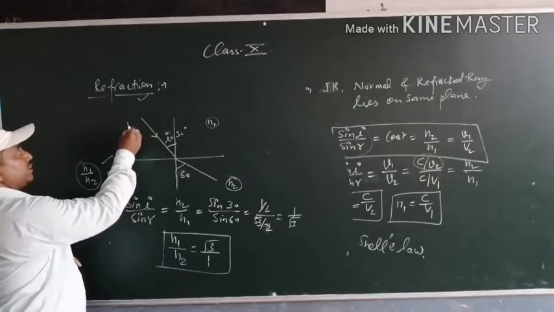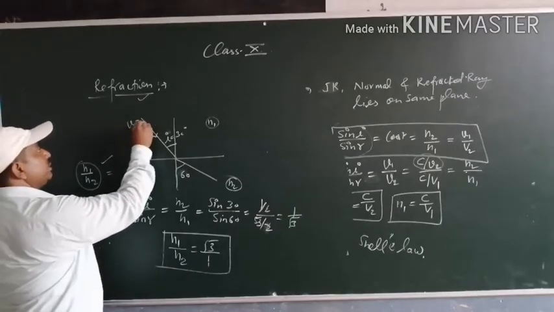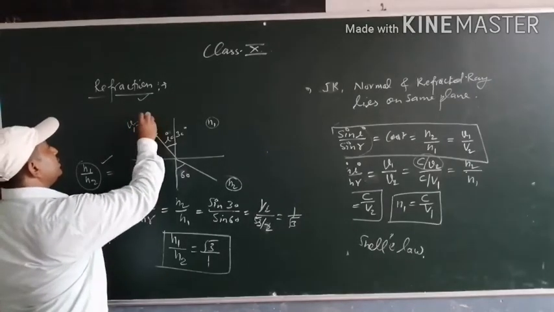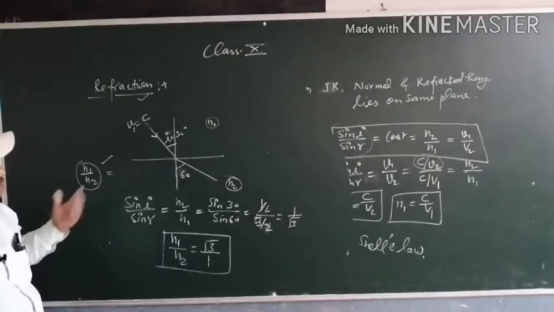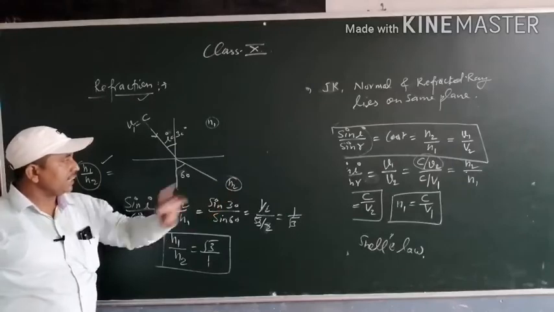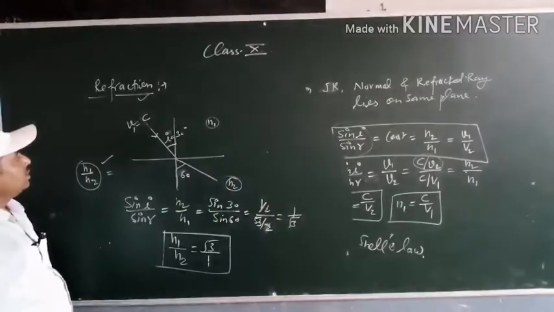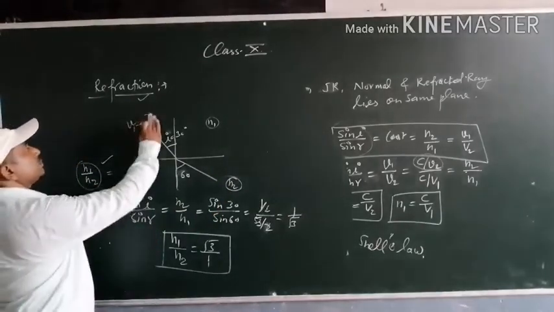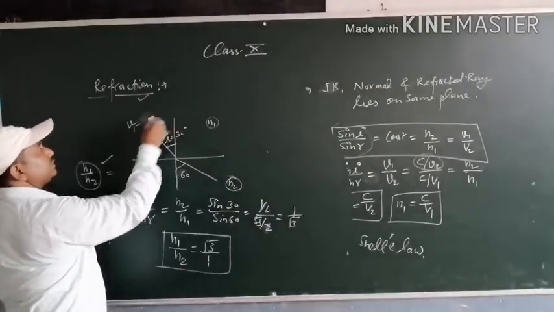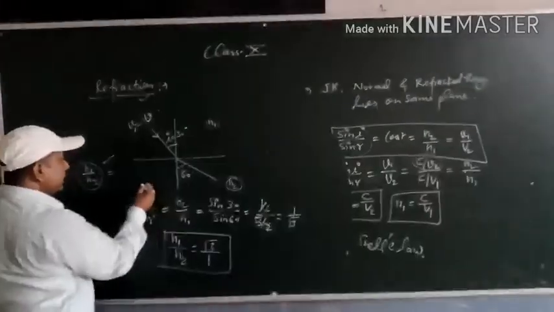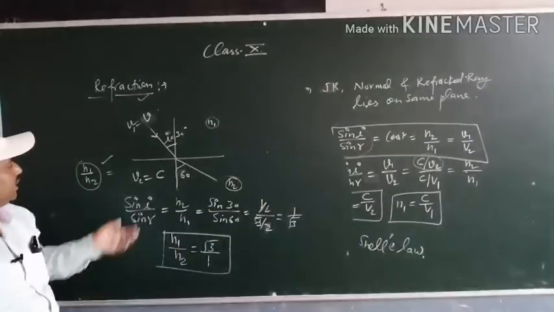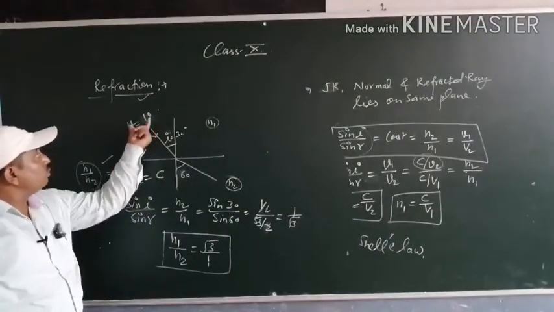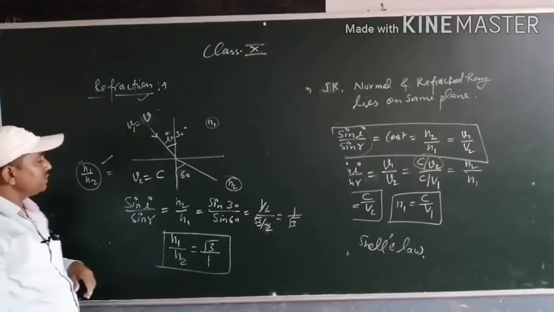Suppose the speed of light in the first medium, the denser medium, is v and that in the second medium is c, the speed of light. What will be the value of the speed of light in the first medium?